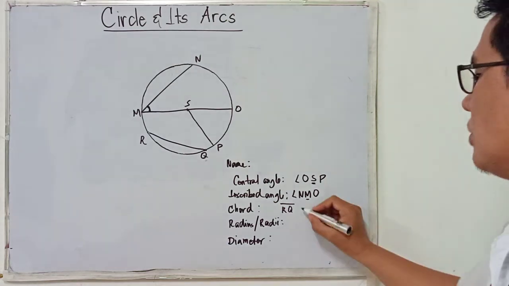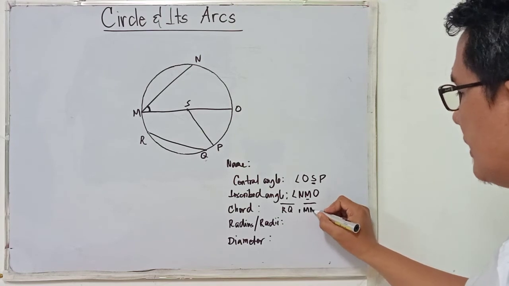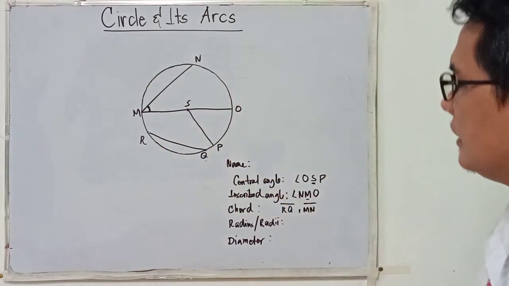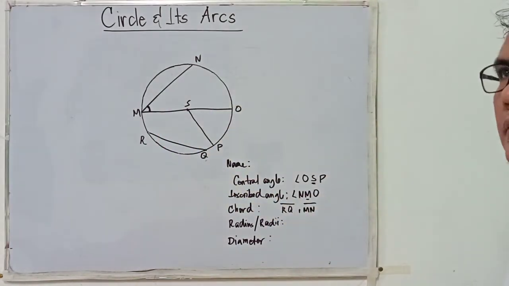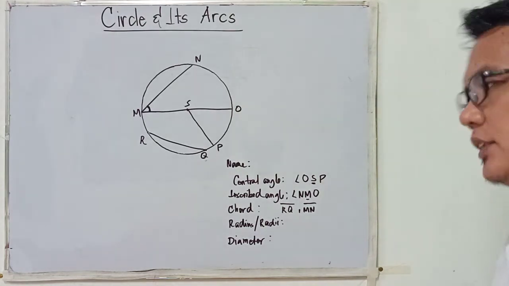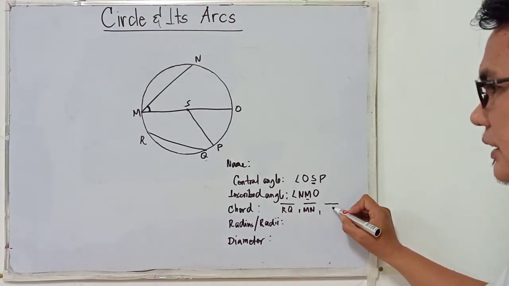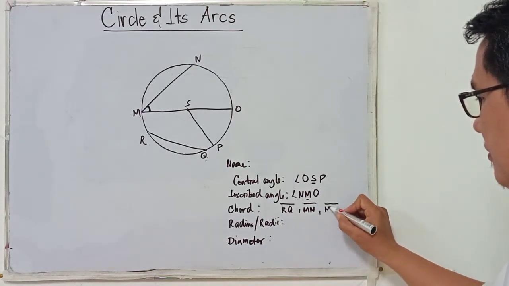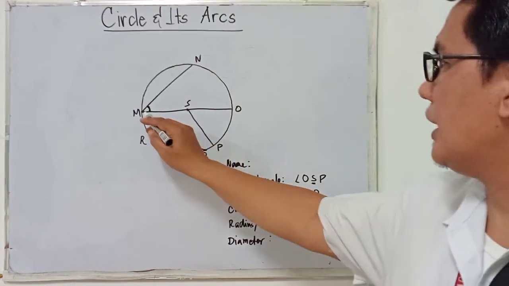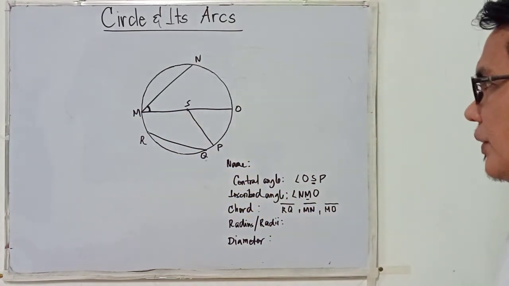Yes, we also have chord MN, this chord here. We have 3 chords there. The last one is the longest chord, or the special chord, chord MO. This chord here, chord MO, is the longest chord.